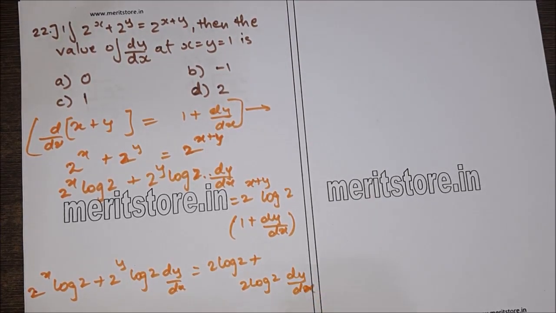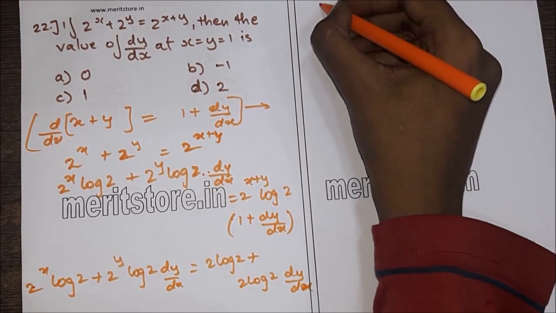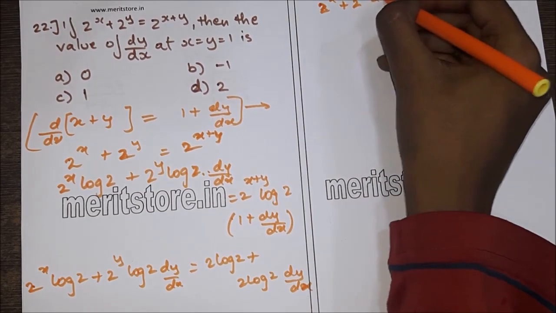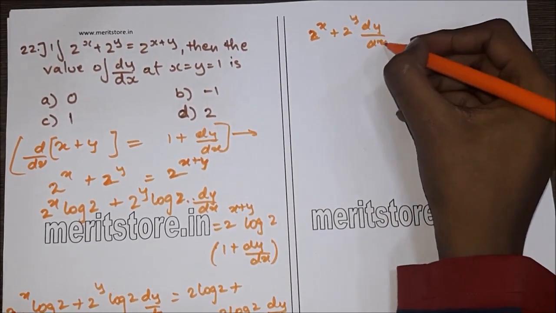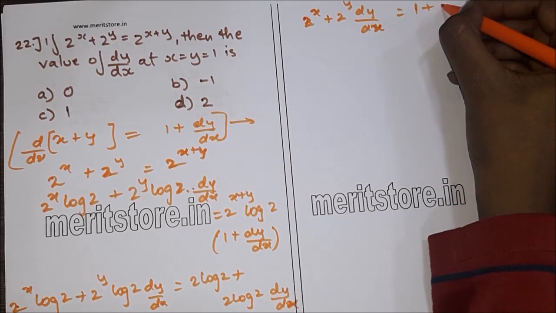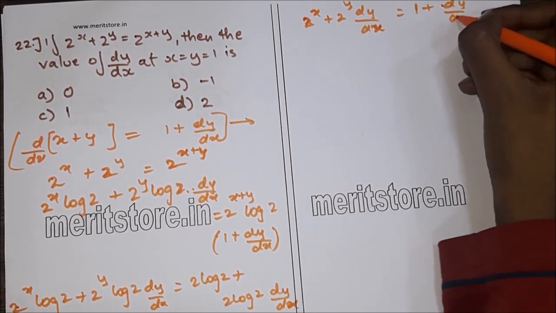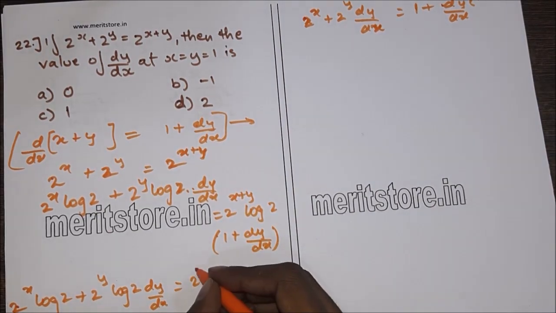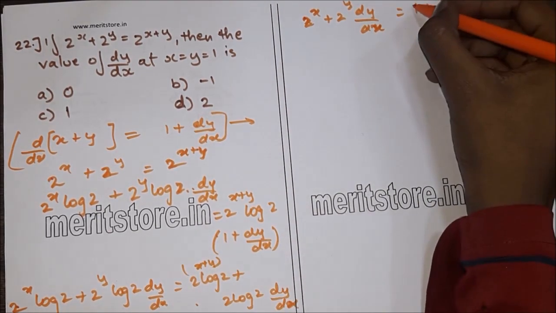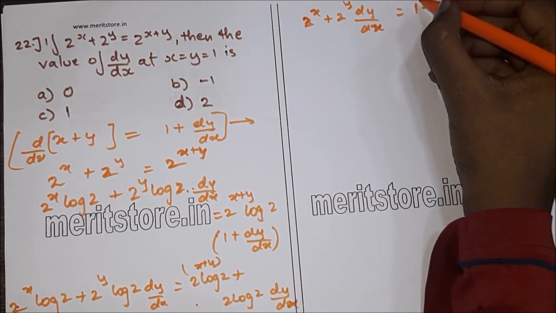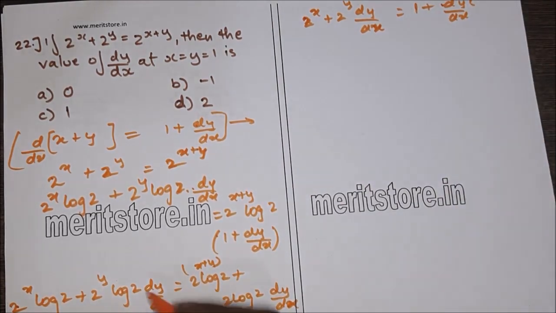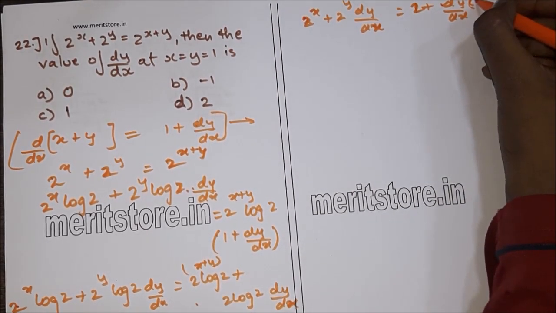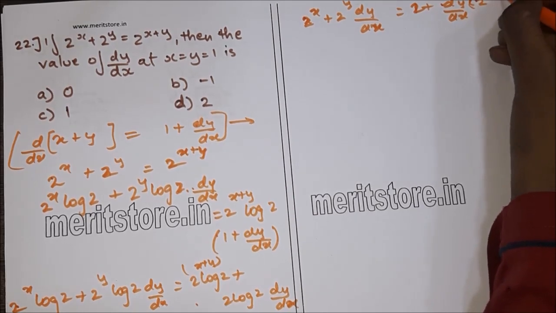Log 2 gets cancelled throughout the equation, so we are left with 2 raised to x plus 2 raised to y dy by dx is equal to 1 plus dy by dx into 2 raised to x plus y, log 2 gets cancelled, so this is 2 raised to x plus y into 2 raised to x plus y.